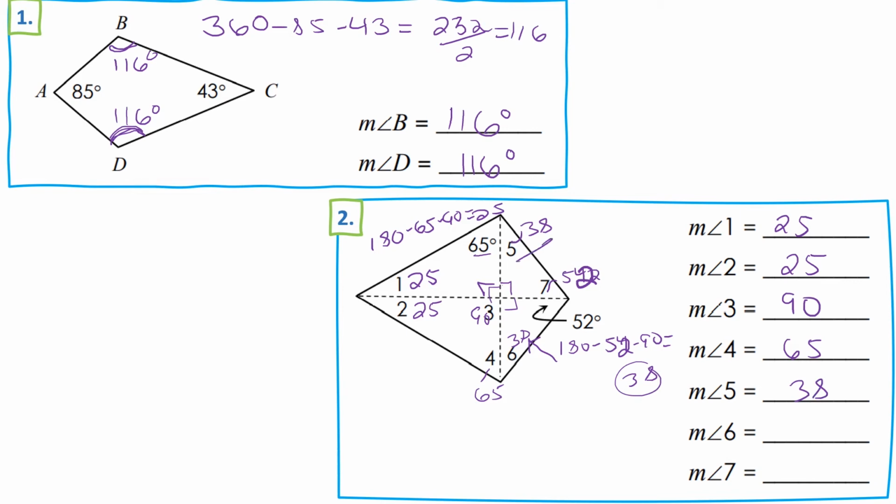Angle 6 is also 38. And angle 7 is 52. All right, so let me put my degree marks here. And we found the measures of these angles.